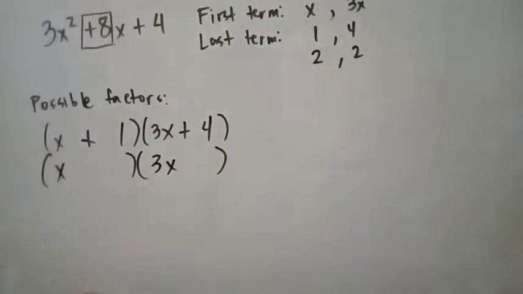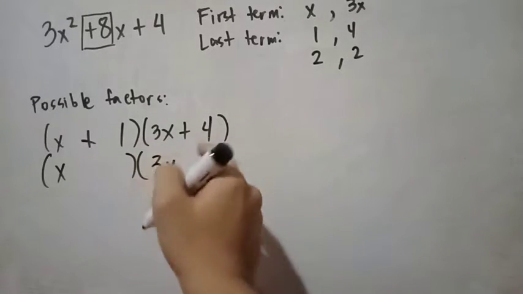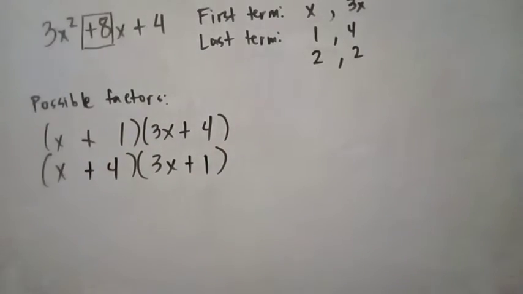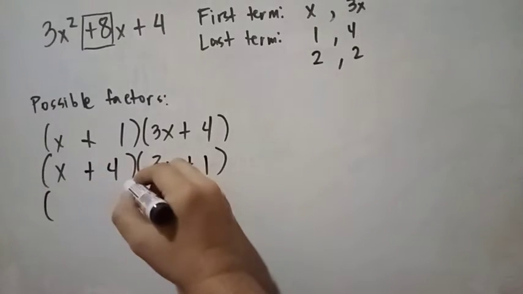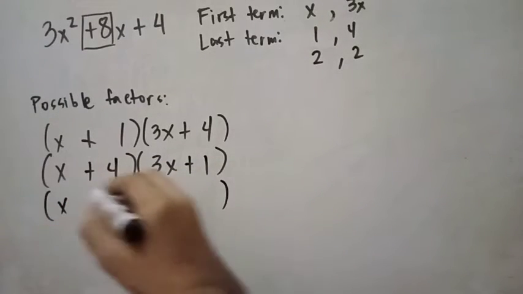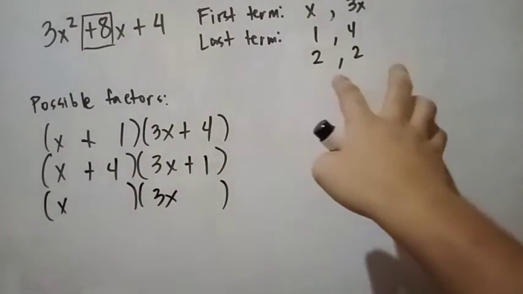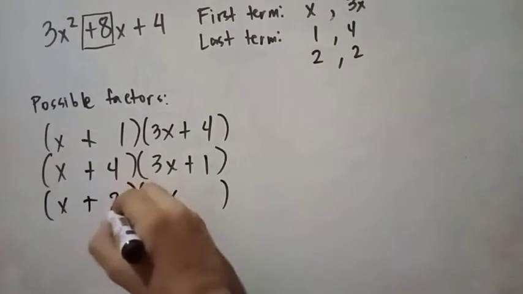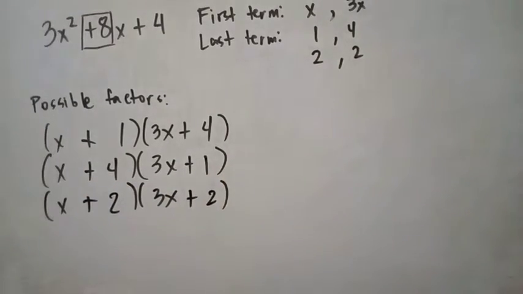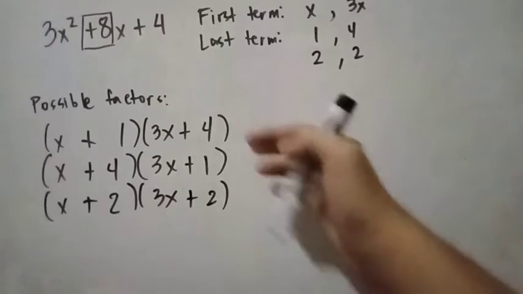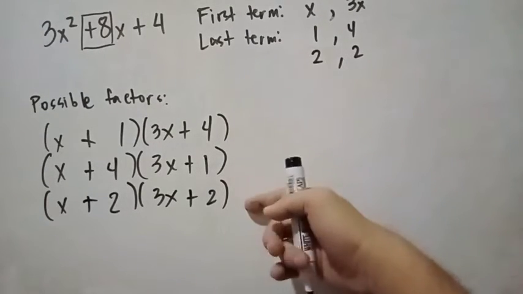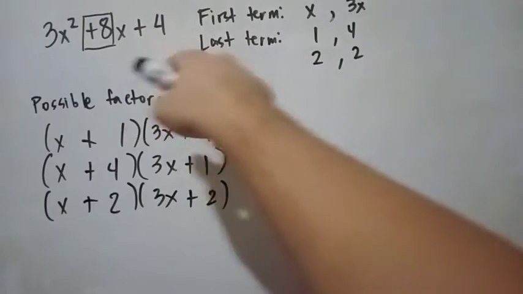Tapos palitan natin yung last terms, no? Kaya dito plus 4, and dito naman ay plus 1. And then tapos naman, x and 3x ulit. And this time, gagamit tayo ng 2 and 2. So plus 2 and plus 2. Okay. Ayan, ito yung possible factors natin. At isa sa kanila dapat ay yung totoong factors nito.